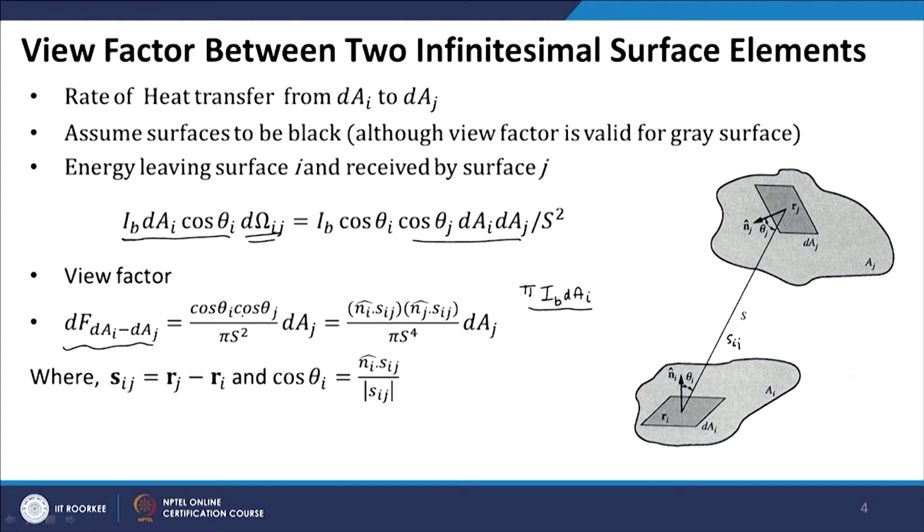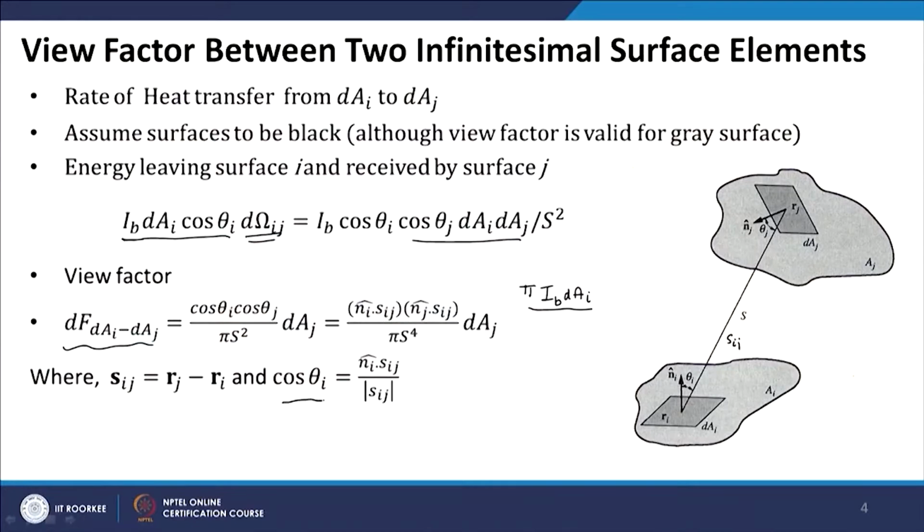We can also write this view factor in terms of vector notation, where we have the angle cos theta i written in terms of the normal vector Ni. Ni is the normal vector at surface Ai dotted with the vector joining the two surfaces Sij divided by the magnitude of this vector Sij. This is the angle cos theta i.